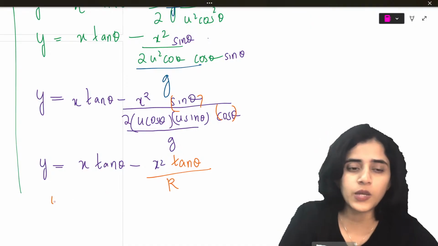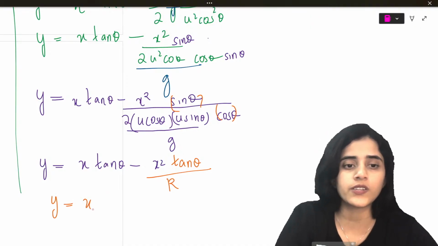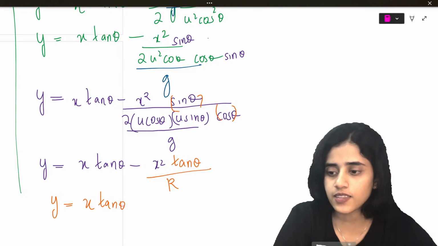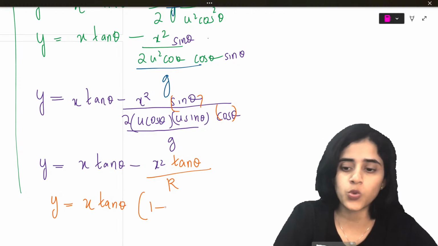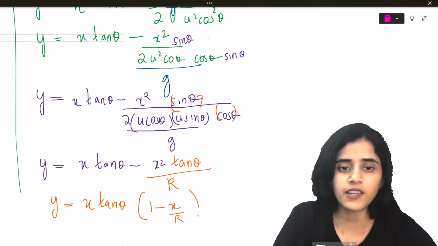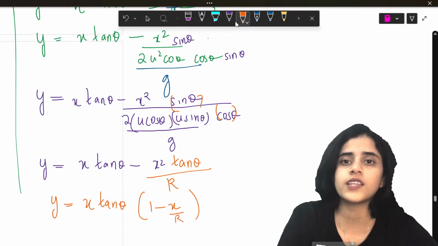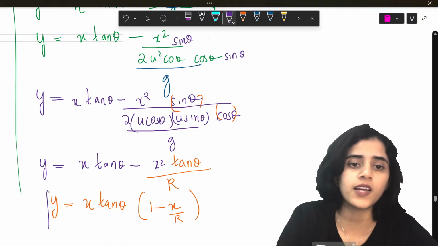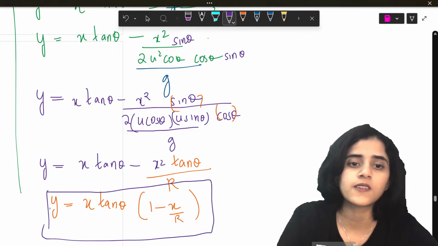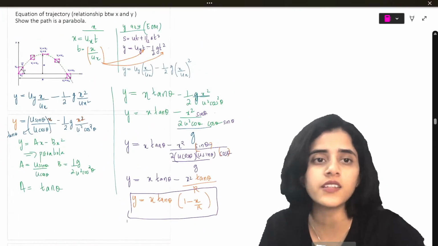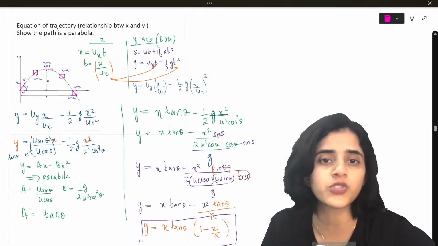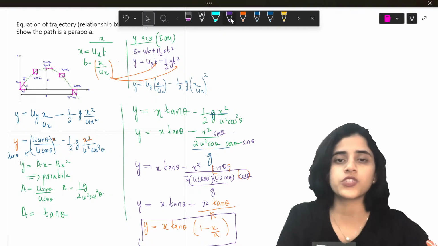So now I will get y is equal to x tan theta. I'll take x tan theta outside. So 1 minus x by r. So these are the two formulas to show the relationship.